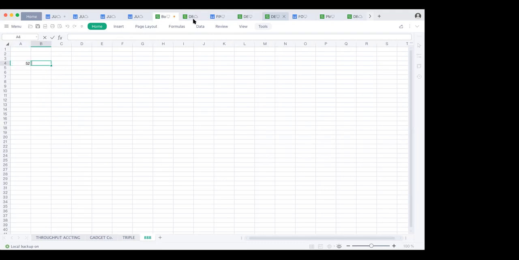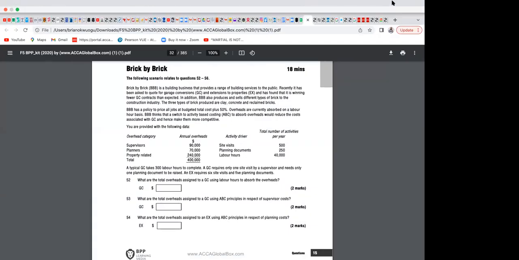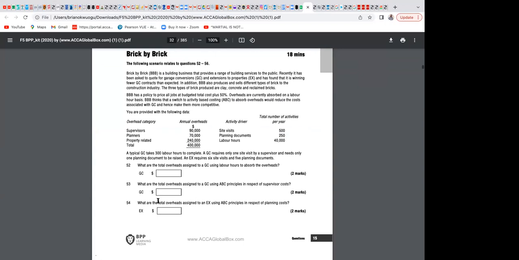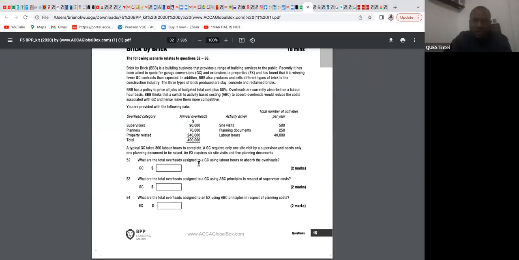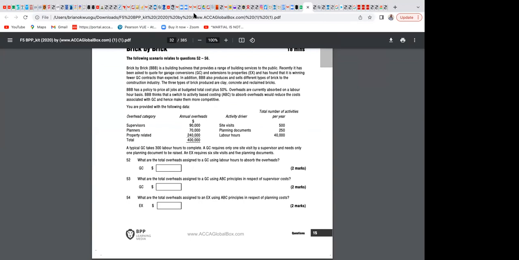So what did they ask us for? Overhead absorption. So what's the total overhead assigned? So 400 overheads.